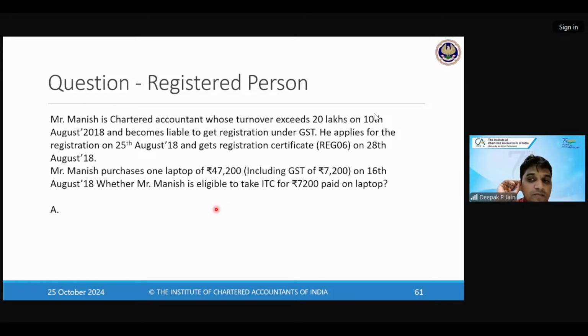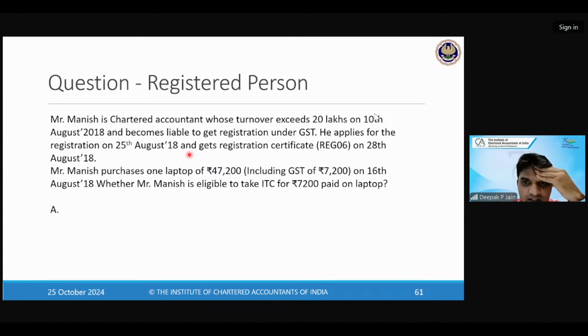Now, if he purchases a laptop on 16th August, is he eligible to take the credit of ITC?